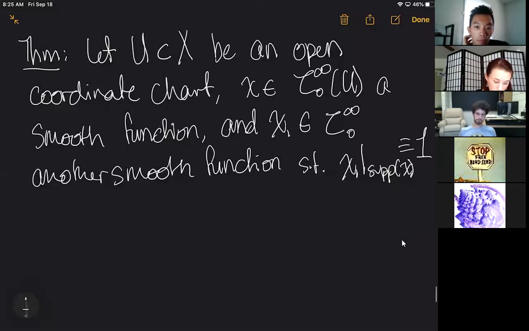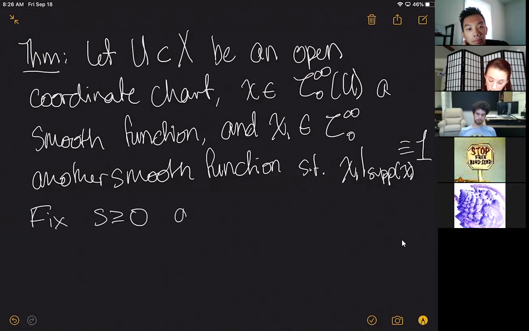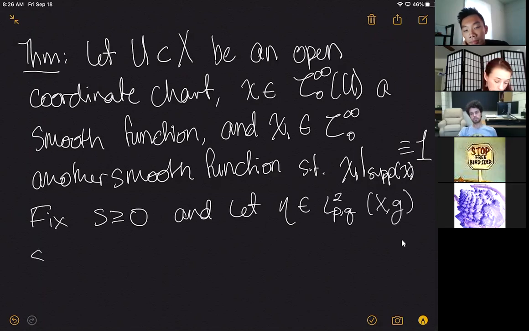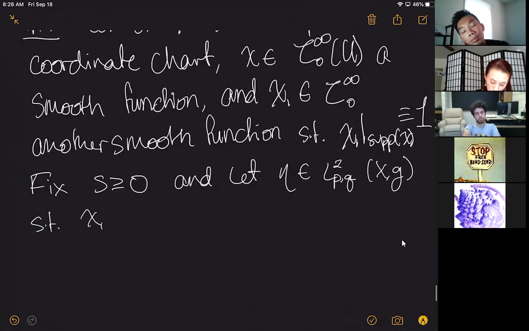Okay, so now we'll fix a number s bigger than or equal to 0 and let eta be a square integrable PQ form such that chi1 times eta is a smooth section.